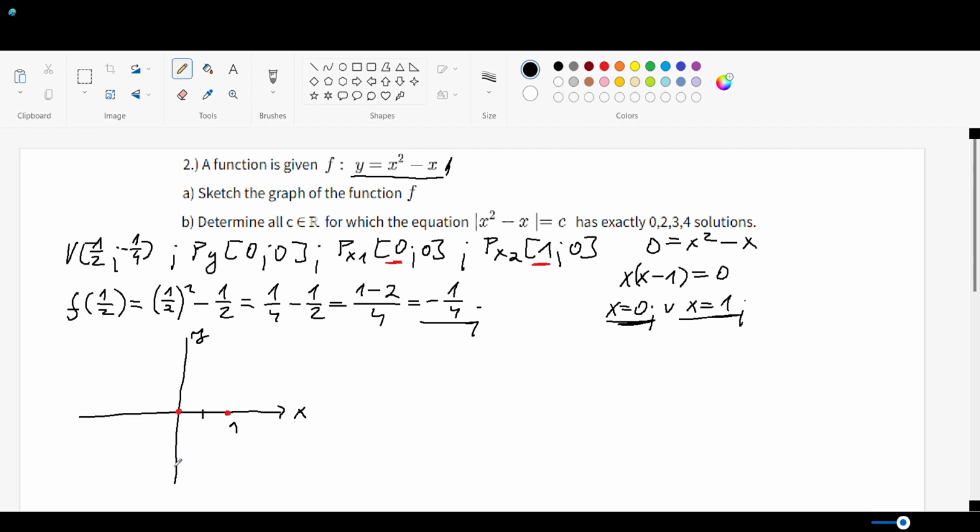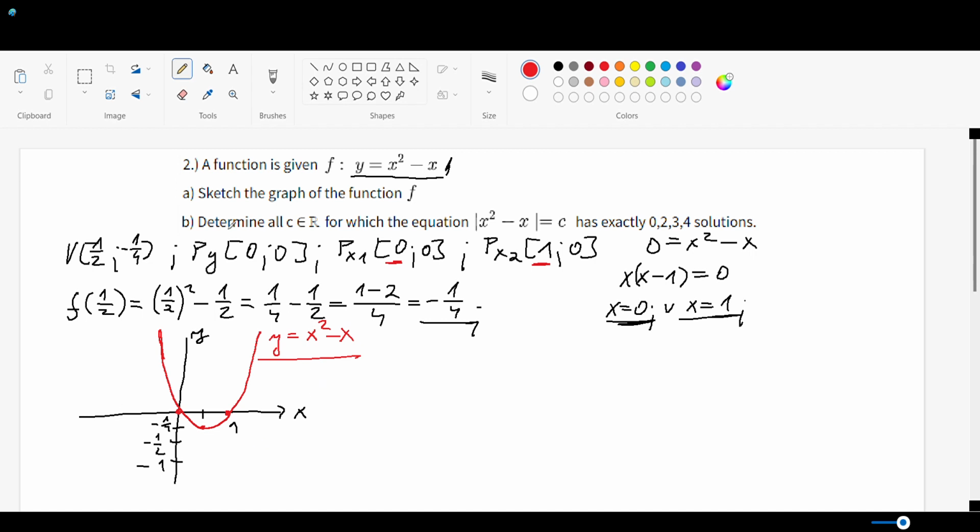And as this is -1, so this is -1/2, so half of this is -1/4. So the vertex is directly here, and we know that as the parameter is greater than 1, the parabola will be convex, or if you want, it will open up. So it should look something like this. So this is the graph of the function defined by the equation y equals x squared take away x. We are done with the first part of the exercise.